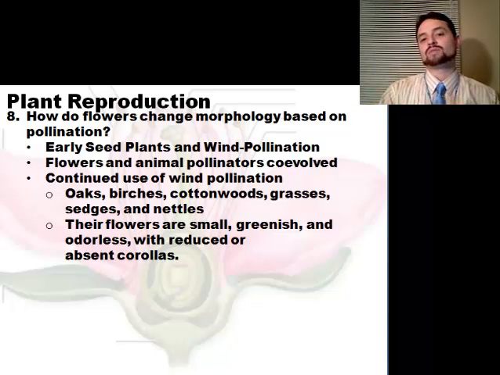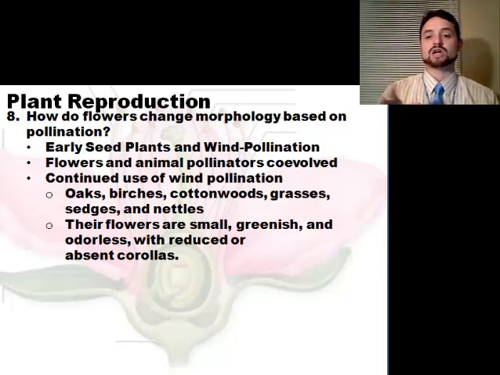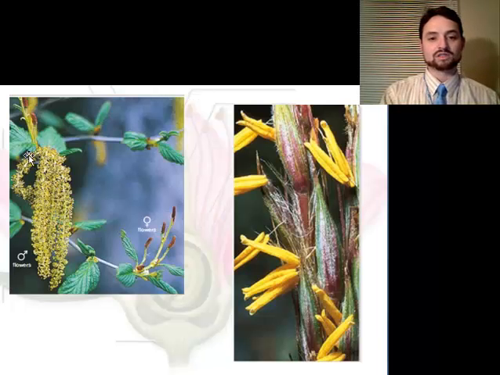Wind pollination has also been adapted for in organisms like oak, birch, cottonwood, grass, sedges, and nettles. Their flowers are small, greenish, and odorless with reduced or absent corollas, meaning there's no petals. And I actually have one of these in my backyard, and sure enough, when you produce the flower, it looks like this.